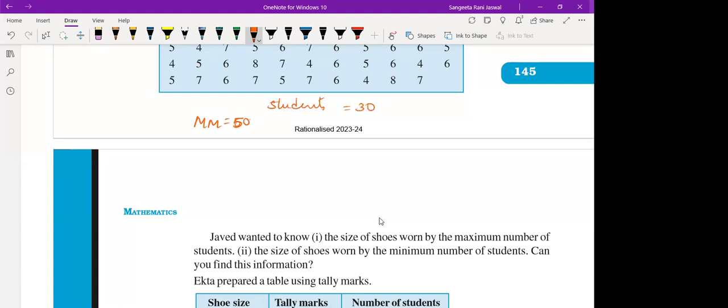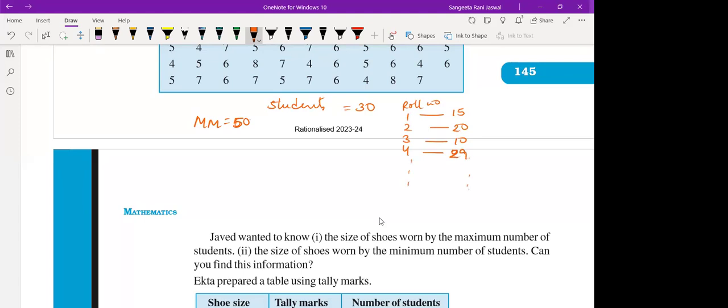So 30 students gave a test of 50 marks. Roll number one got 15 marks. Roll number two got 20 marks. Roll number three got 10 marks. Roll number four got 29 marks, right?